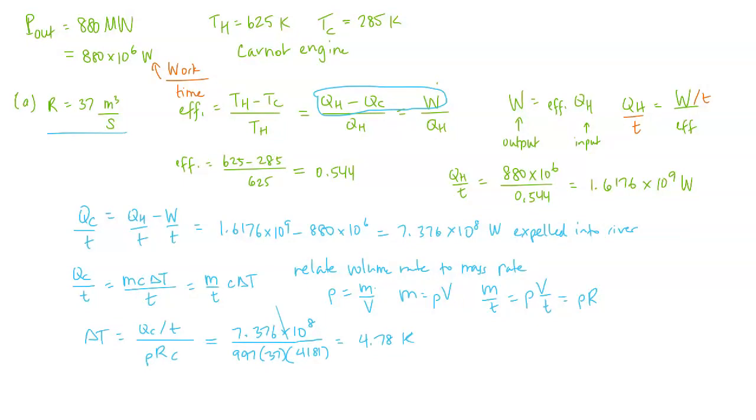Okay, I think that covers everything for that part. And now for part B, we are asked to handle the entropy increase. A change in entropy is equal to the heat exchanged divided by the temperature at which the exchange happens, but we're actually asked about entropy per kilogram.